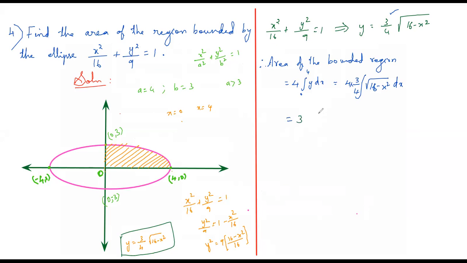You have only 3 outside, and substituting the formula you get x by 2 square root of 16 minus x square plus 16 by 2 sine inverse x by 4, and the limit is from 0 to 4. Now you substitute the upper limit minus the lower limit, simplify it, and you get the answer.